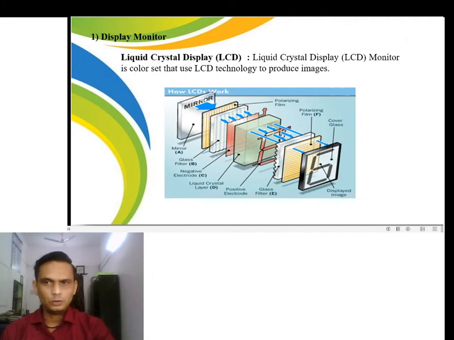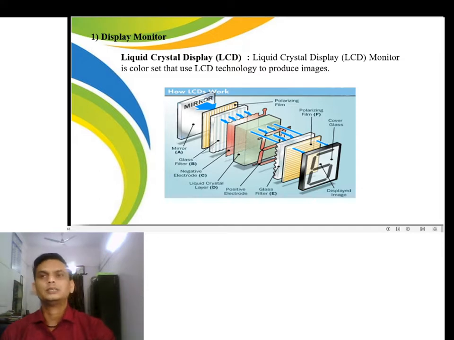The soft copy output is the display monitor, the type of output on which we can display output in a soft copy. In display monitor we have two types again. Number one is liquid crystal display, known as LCD.